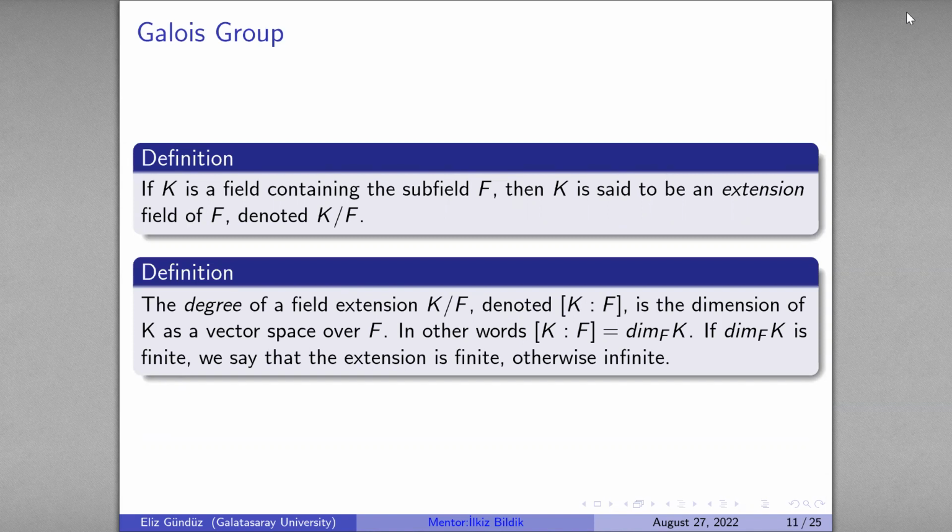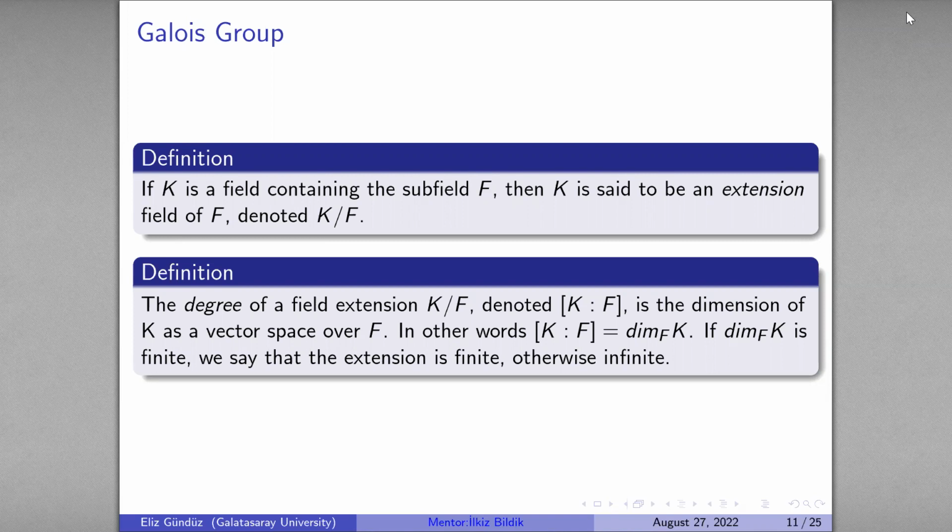And I want to explain a little bit about extension fields and Galois groups. For additional background, you can look in a basic algebra text. If K is a field containing the subfield F, then K is said to be an extension field of F. For example, we can say that the complex numbers are an extension field of the real numbers.